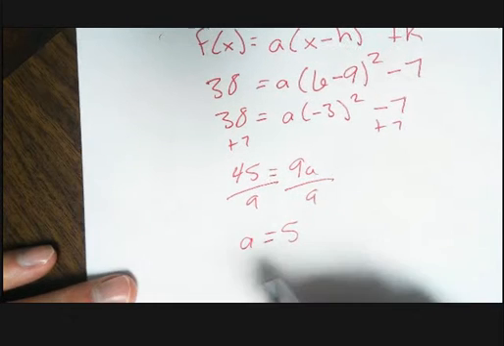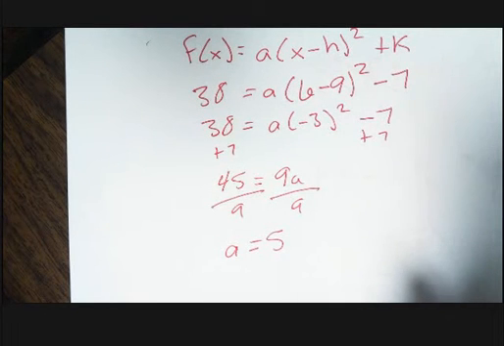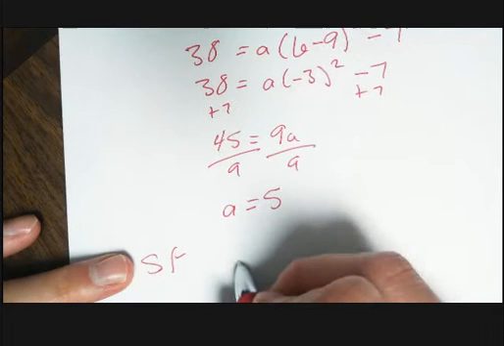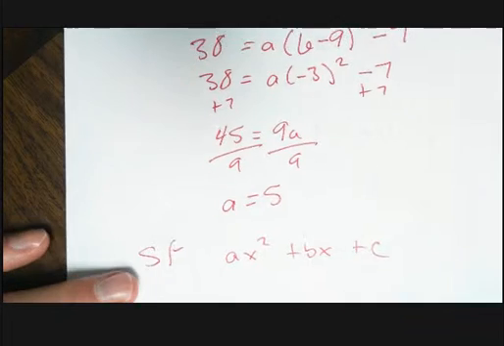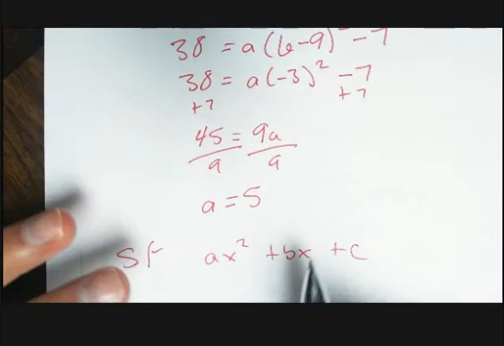Well, you're still not done, because if you read the question, it says find the standard form. Okay, so standard form is ax squared plus bx plus c. So vertex form won't work, but we can use vertex form to go to here.